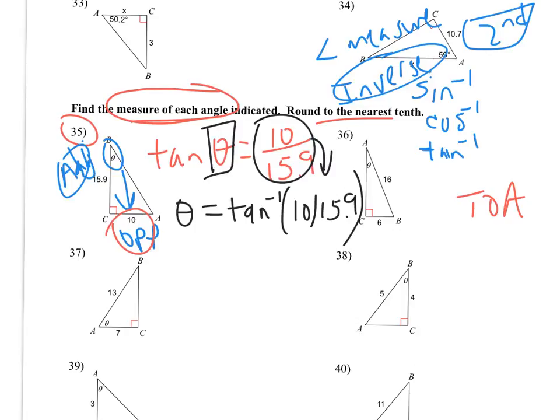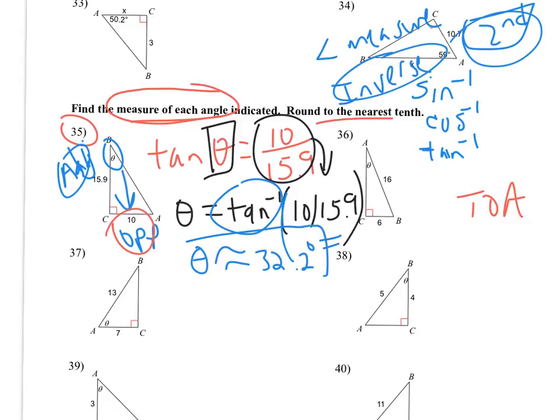So on the calculator, you're going to get to the inverse function, which usually involves that second key, and then it'll give you a left parenthesis, and then you put 10 divided by 15.9 in there. And then you hit equals, and it'll give you theta, the angle measure, and that should be about 32.2 degrees, rounded to the nearest tenth.